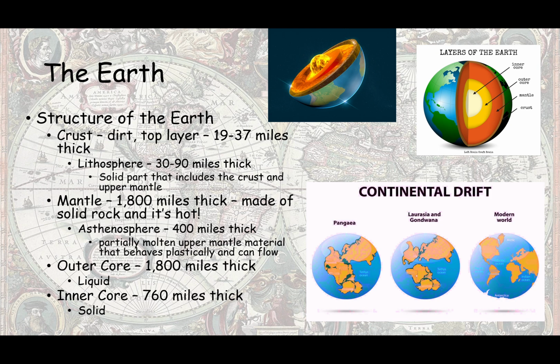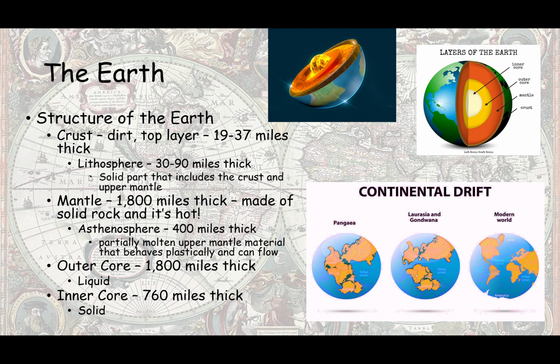The Earth has a structure, and I have included some diagrams here for you to look at. The crust is that top layer, and it is made up of the dirt. It is 19 to 37 miles thick, so comparatively speaking, it is just that, a crust, and it's not very thick at all, even though 37 miles down is pretty big to me.